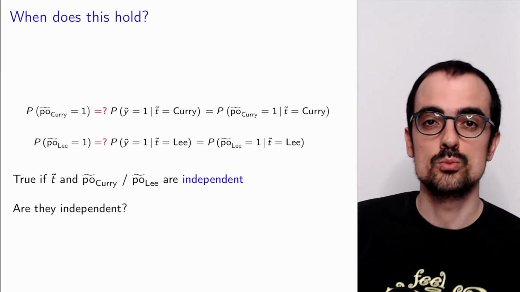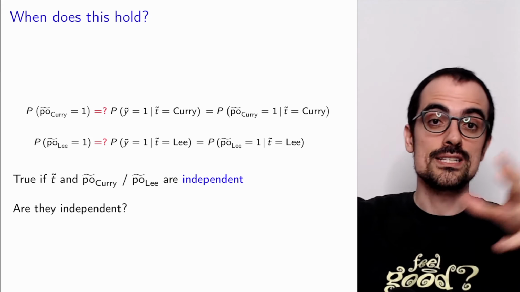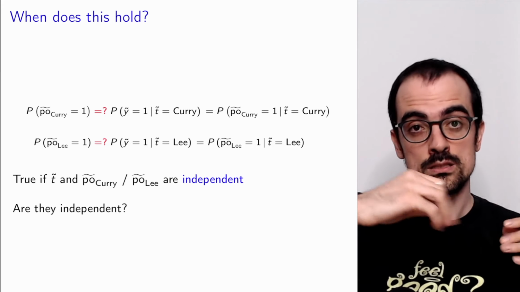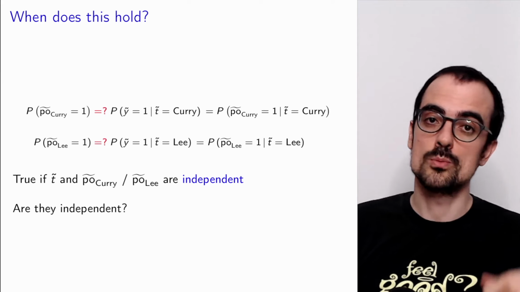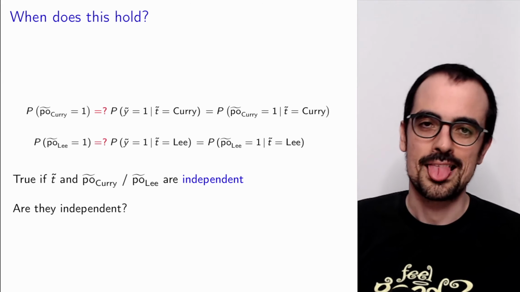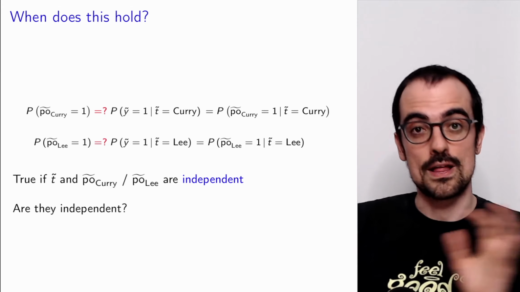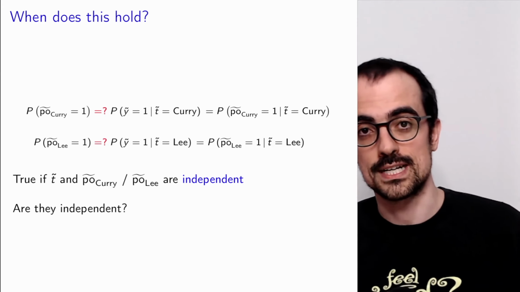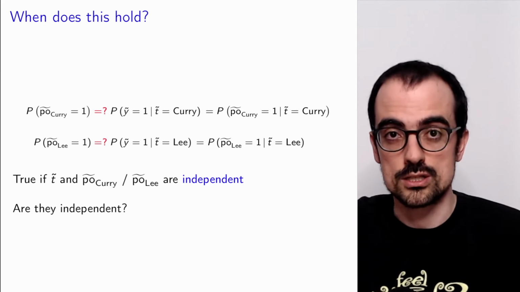What would that mean? It would mean that the shots taken by Lee are very similar to the shots taken by Curry. This independence can be achieved by saying each shot is going to be shot randomly by Curry or Lee by flipping a coin with probability 1/2. This is what they do in randomized controlled trials when they're trying out vaccines or drugs. That determines whether Lee or Curry is going to shoot.